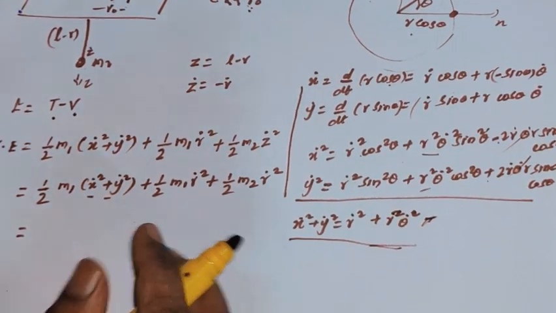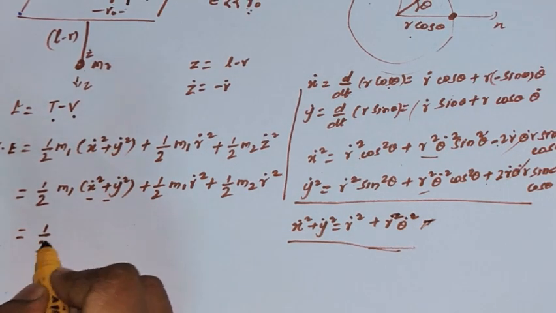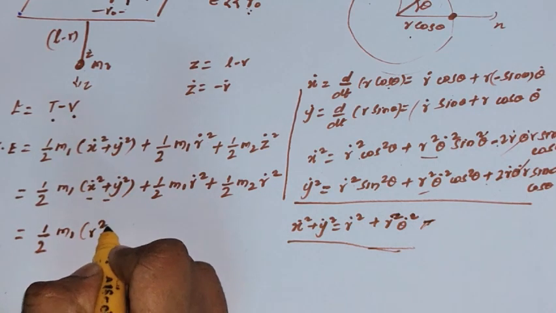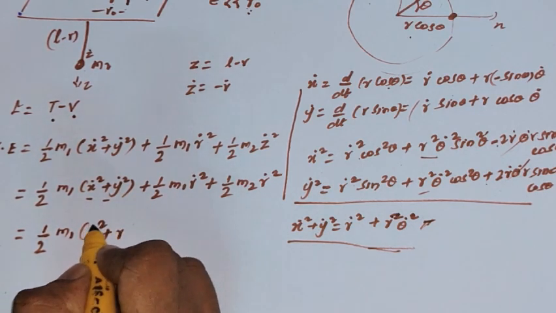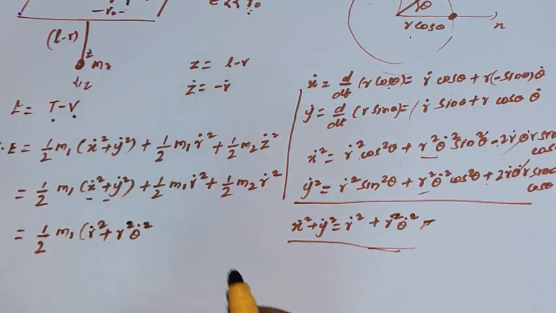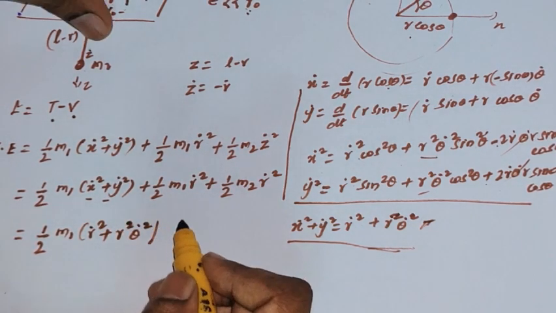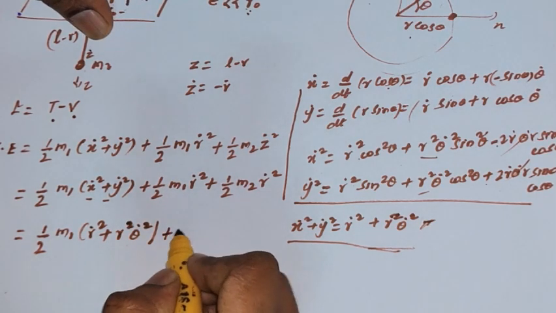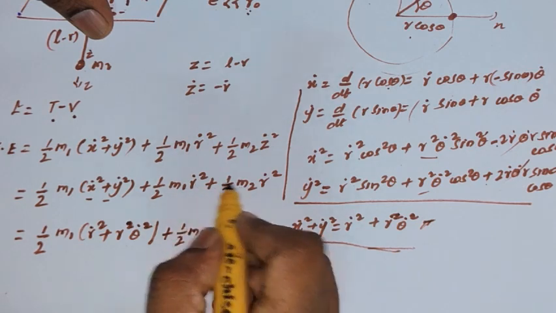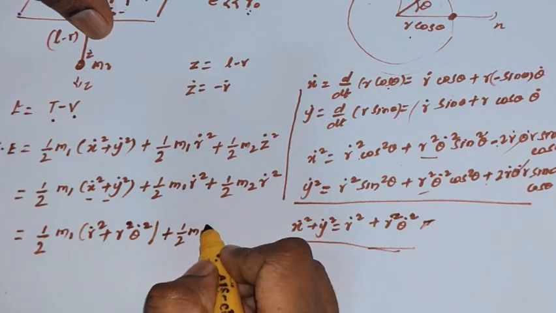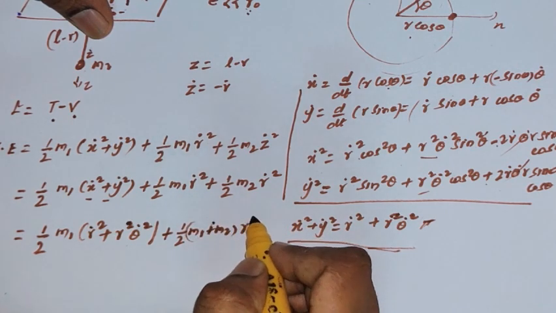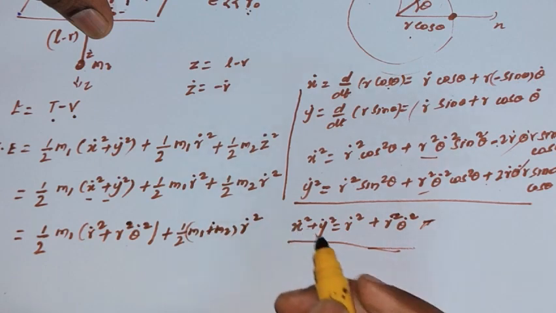Hence the kinetic energy of the system would be equal to half of m1 times r dot square plus r square theta dot square, plus half of m2 r dot square. Taking r dot square out, it would be m1 plus m2 times r dot square.